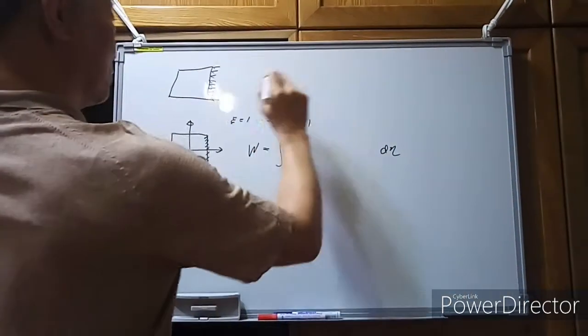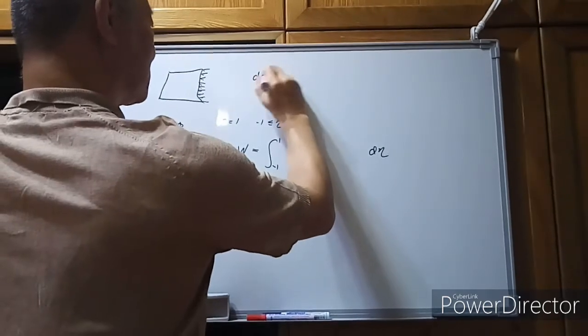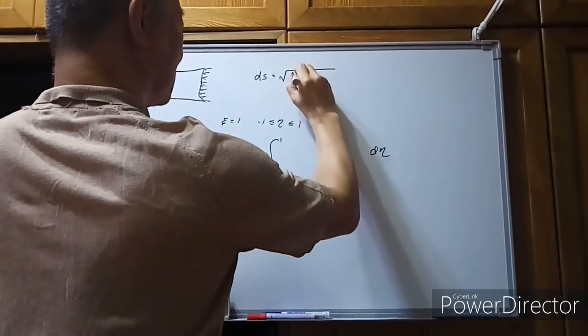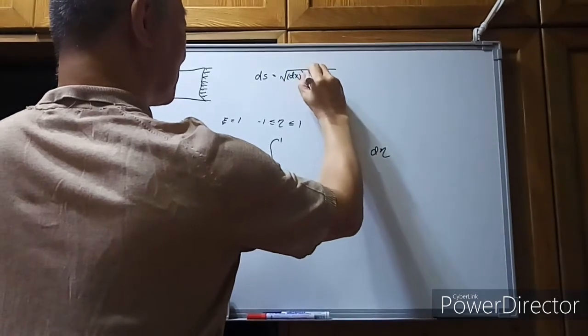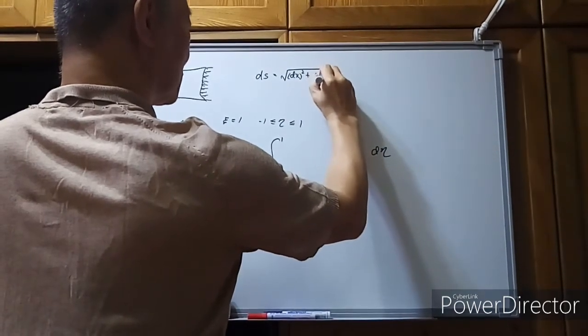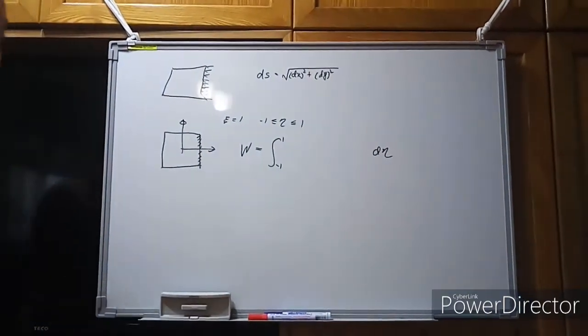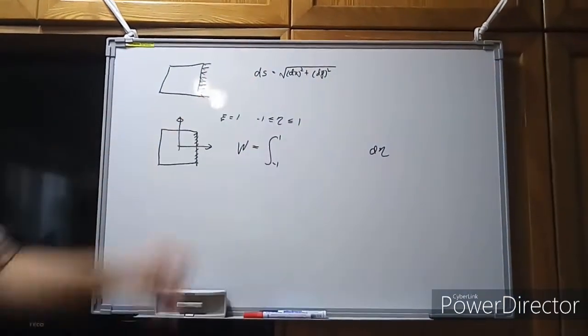In the real element, ds is equal to the square root of dx squared plus dy squared, then we can get ds.